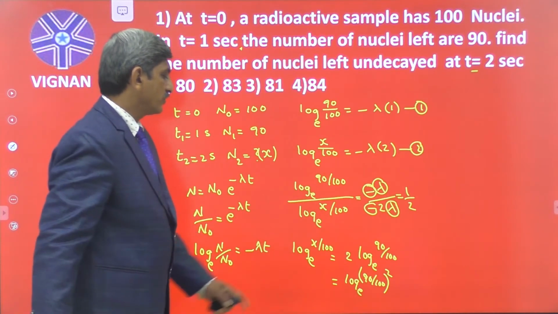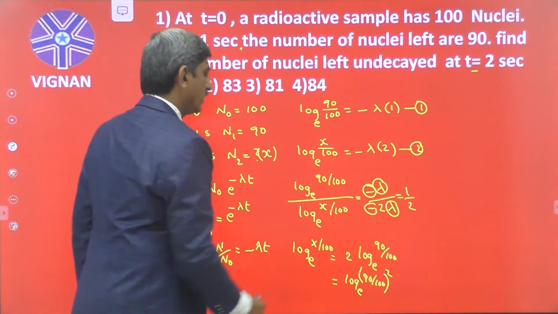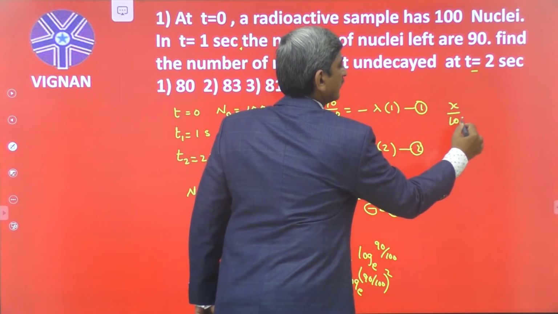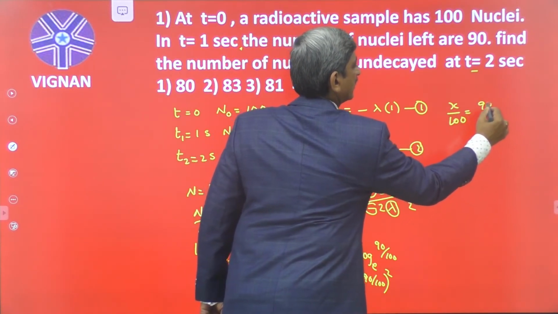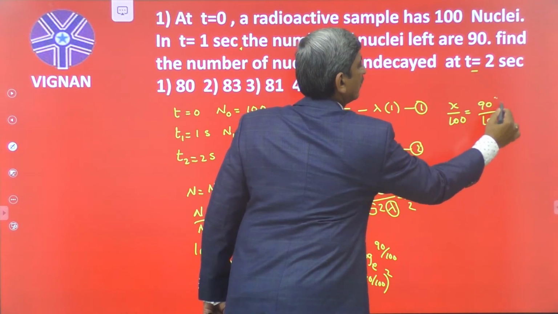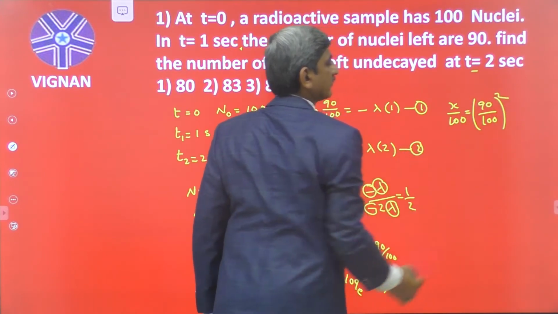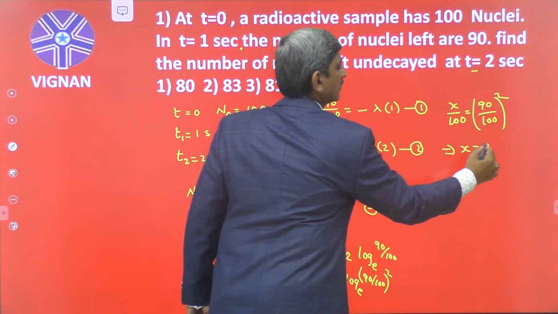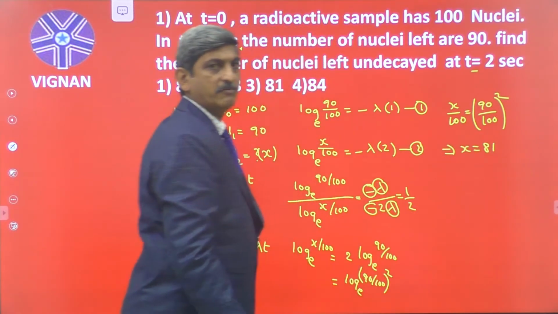Now by comparing these two sides, we have x by 100 is equal to 90 by 100 whole square. By solving this, we have x is equal to 81.